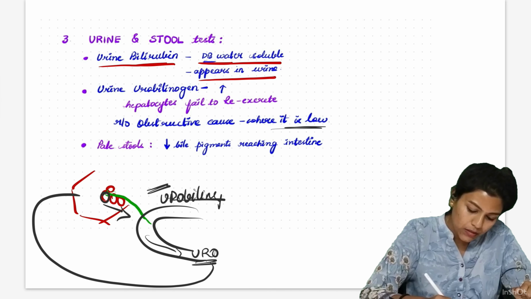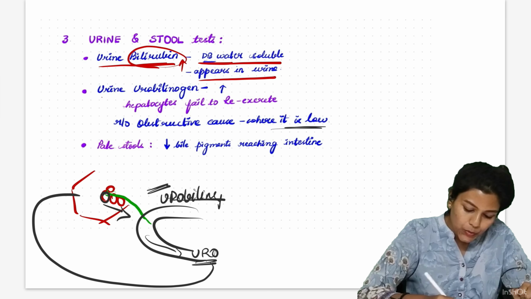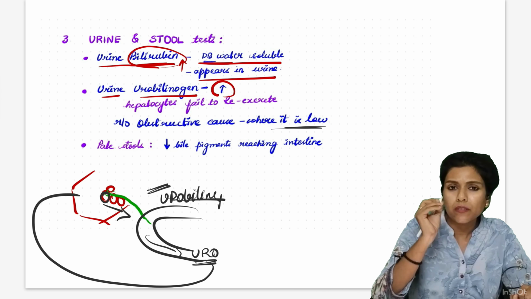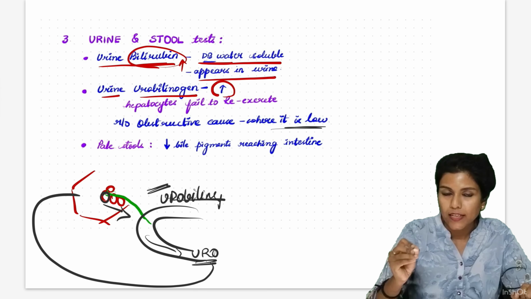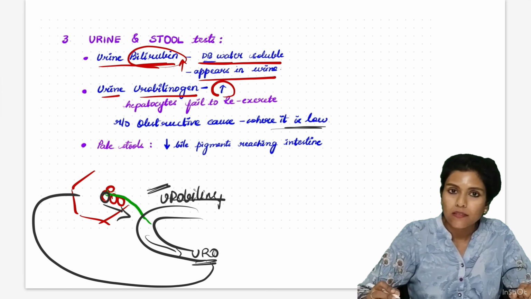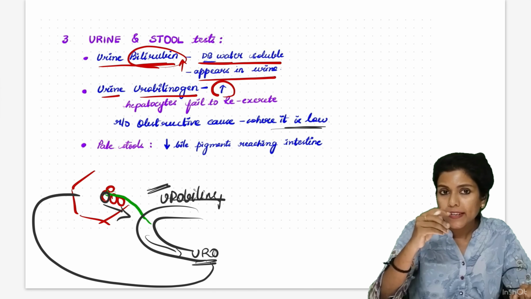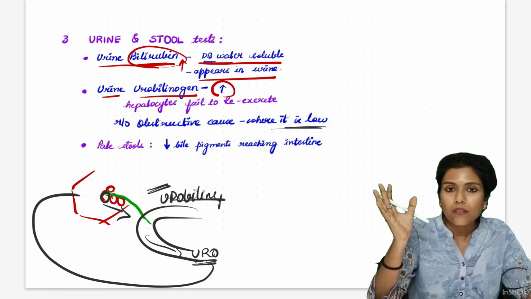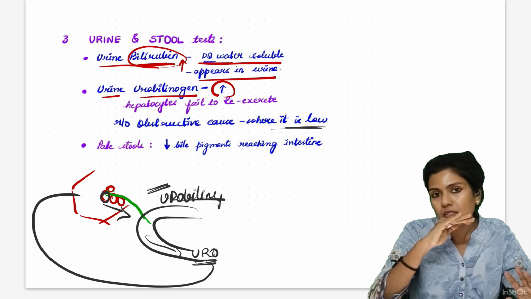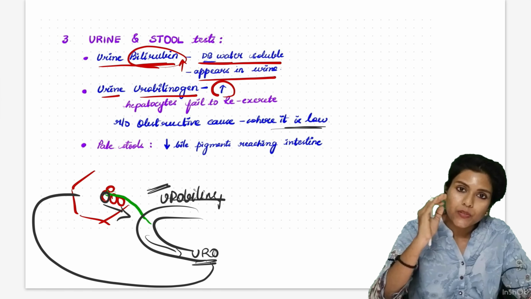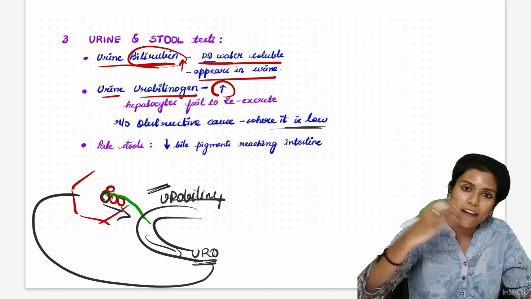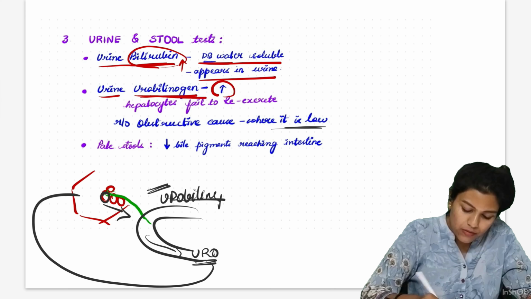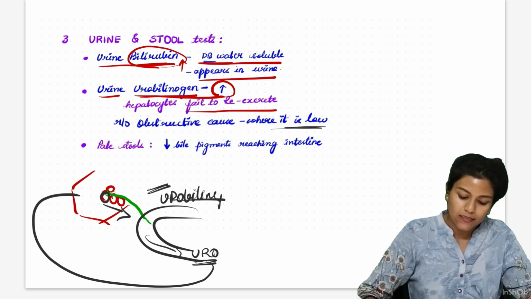Urine urobilinogen is also raised because a little part of the conjugated bilirubin excreted into the intestine will come back to the liver via portal circulation, and when it comes back it is again unable to re-excrete it into the bile because its separate excretory mechanism has failed. Therefore, this urobilinogen will backflow into blood, reach the kidney, and come into the urine. Urine urobilinogen will rise because of this failure to re-excrete.